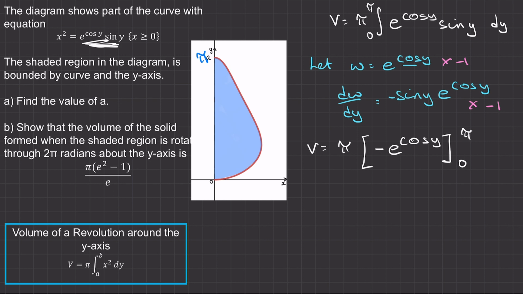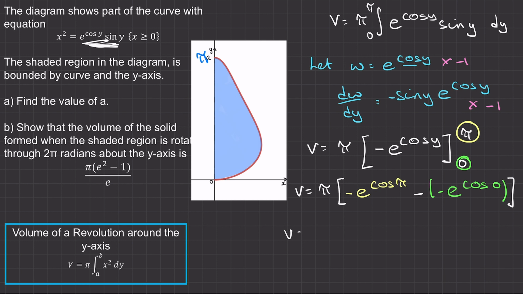So now we'll substitute in our limits. V will be equal to pi times, we'll do this one in yellow, -e to the cos pi. We'll do this one in green, minus -e to the cos 0.